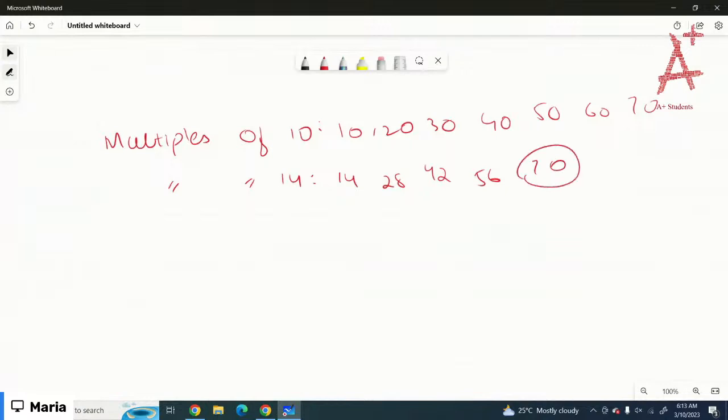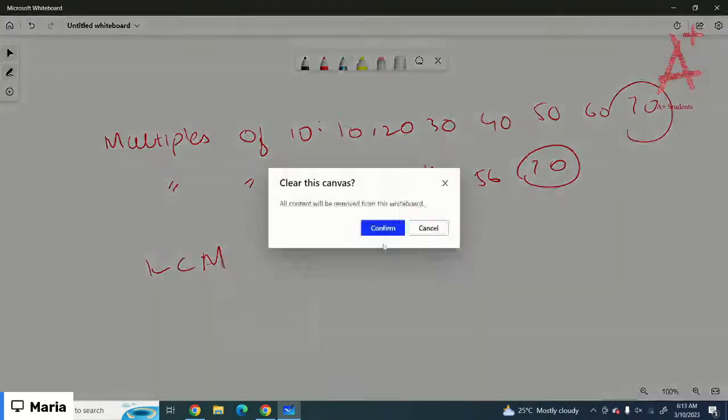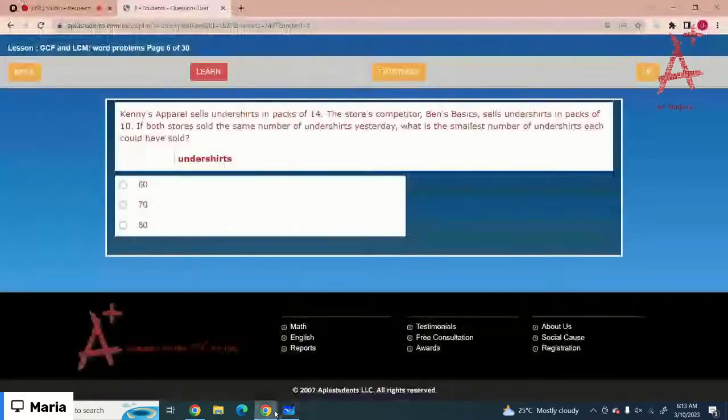Got it? So the common multiple is 70. That means the LCM of both numbers is 70. Let's move on to the next question.